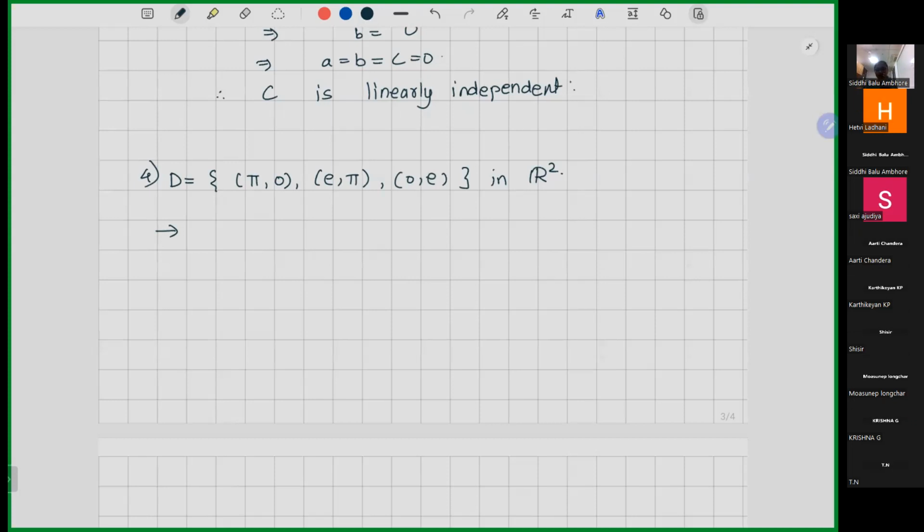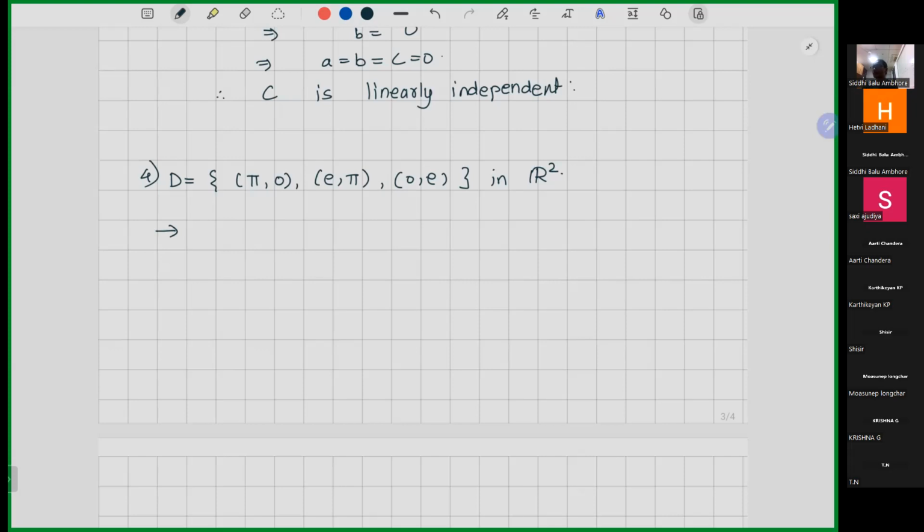Okay, so a quick way to say that this is dependent is, we are in R2, and over R we know the dimension of R2 is 2. And here we have this 3 element set, and as a consequence of the replacement theorem, once we have any set which has cardinality greater than the cardinality of a basis, then it is a linearly dependent set.